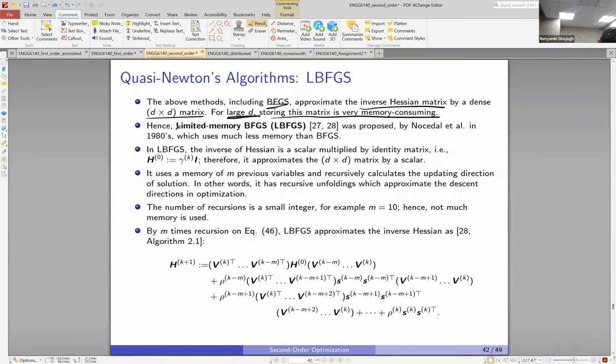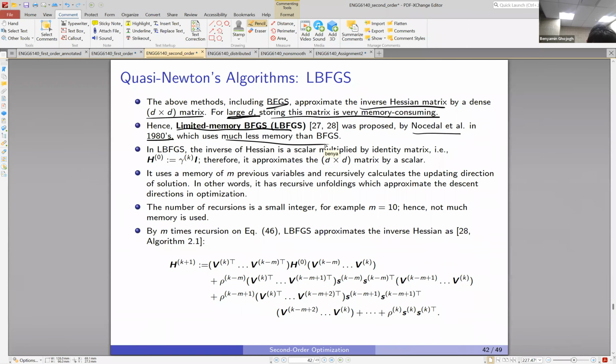Therefore, they proposed limited memory BFGS, LBFGS. It was proposed by Nocedal. Now you will see why Nocedal has focused on that in his book, chapter 6, I guess, because he has contributed to that, and he's an expert in that field. So it was proposed by Nocedal et al. in the 1980s. It uses much less memory than BFGS.